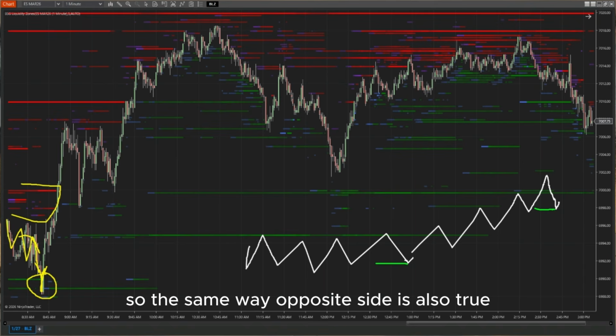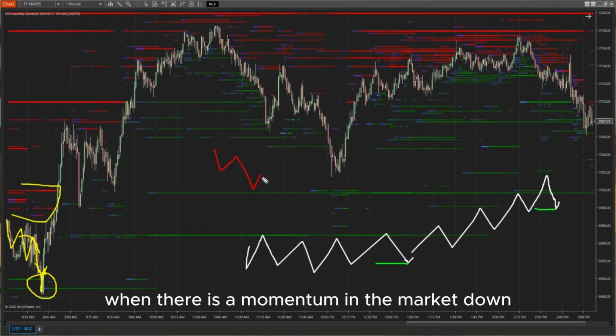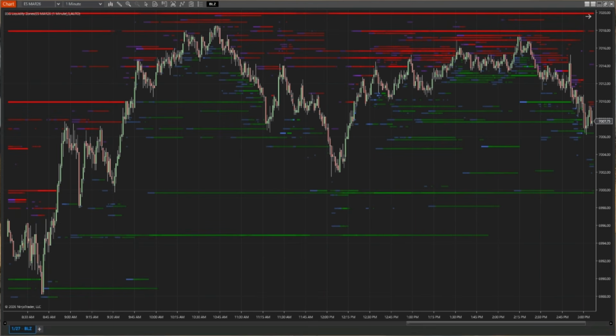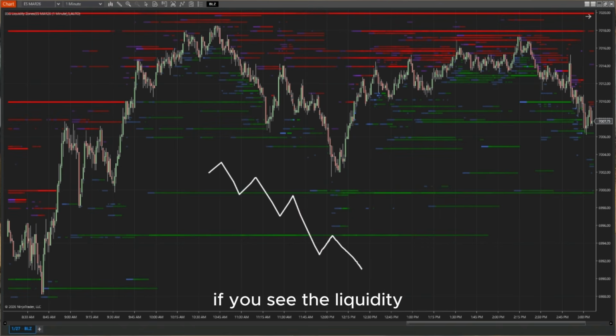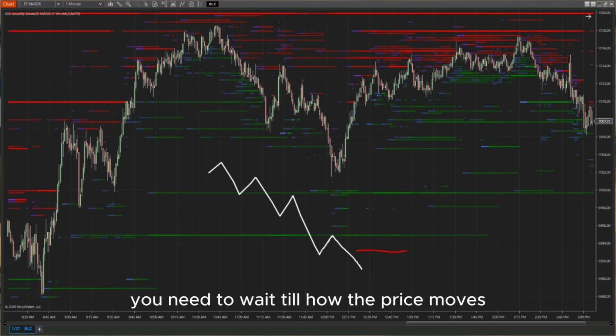The same way, the opposite side is also true. When there is momentum in the market down, let me use a different color, if you see the liquidity start to build something like this, you need to wait and see how the price moves.